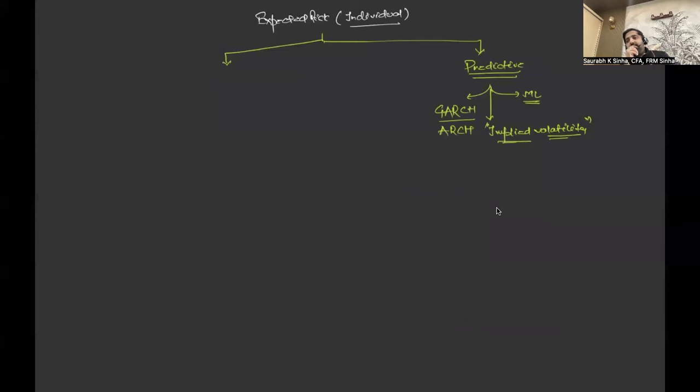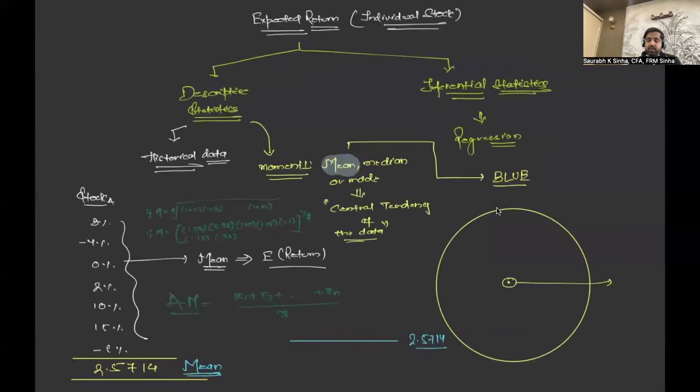Implied volatility, I would say, is one of the best approaches to predict the risk. However, in your curriculum, they are saying, okay, go back to the basics of statistics, descriptive statistics, and predict your risk based on the historical data that you already have.